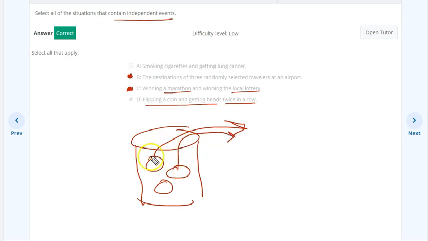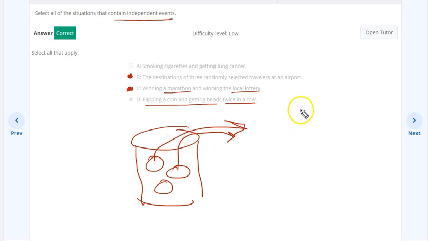Now, would these be independent events? And the answer would be no. Why not? Because by taking out the first ball and not replacing it, you made these fewer. So they are related.